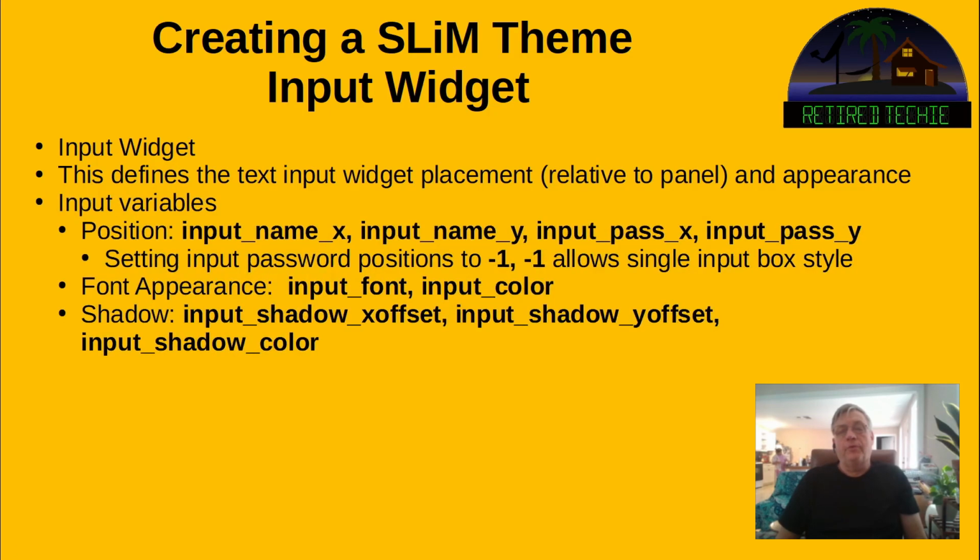So your input variables are input name X, input name Y, input pass X, input pass Y. Setting the password variables to -1 will put you in the single input box mode as opposed to the dual, and you'll type your username and password in the same box. Otherwise, you need to give them all values, and we have the same input font, input color, and then the input shadow with the offsets and the color as our previous elements had.